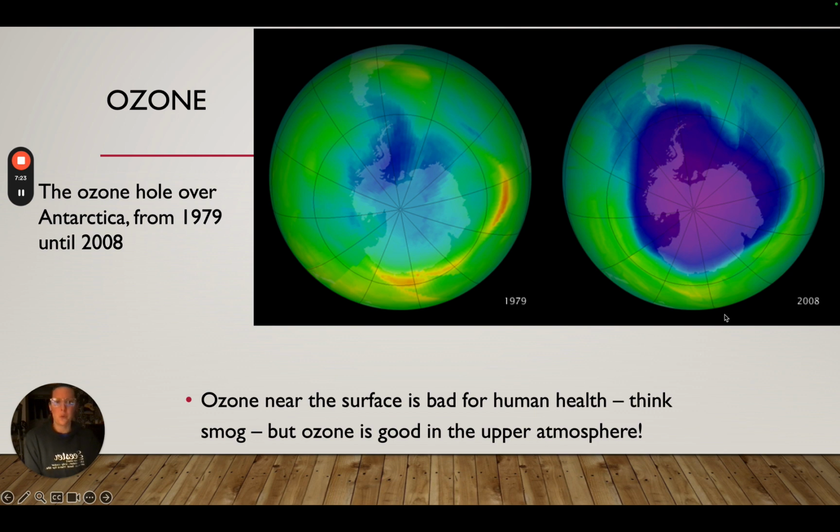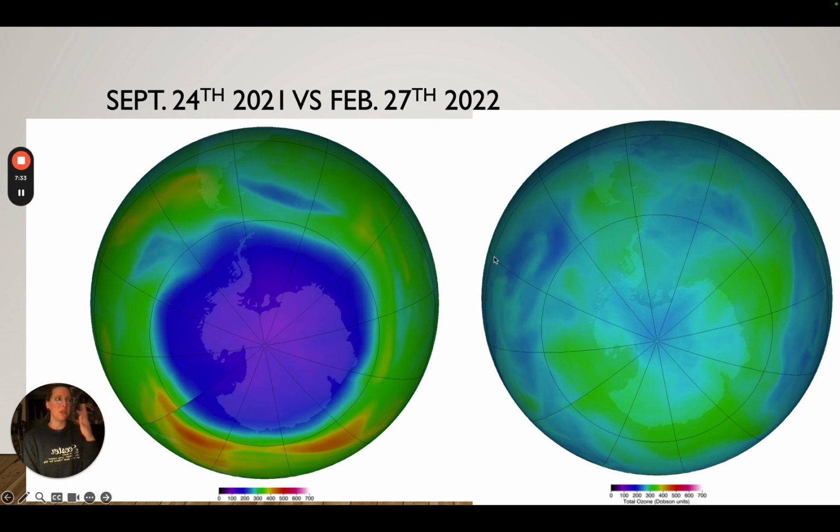And I do also want to mention that this isn't a permanent hole necessarily, in that it's not persistent throughout the entire year. So once the reaction gets used up, then the hole will heal. So this here is looking at September 24th, 2021, and then the following February 2022.